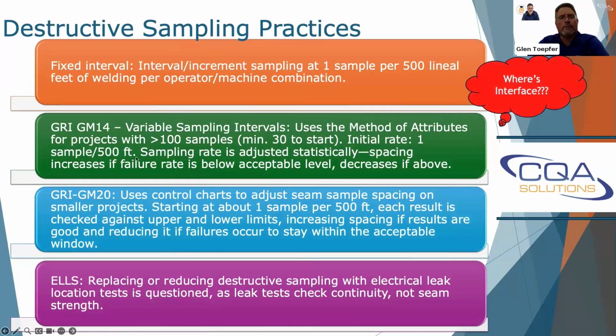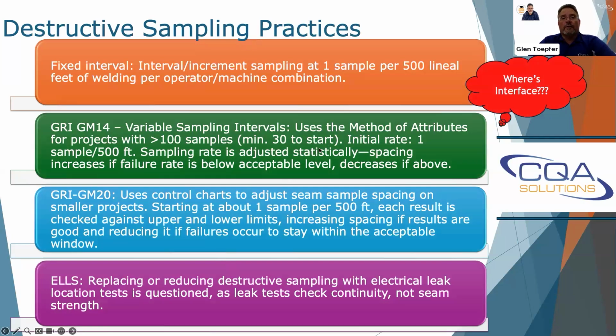I think maybe 1,000 is the max on it. GRI GM20, similar principle. You're rewarding good welding, and that one can be used on projects of just about any size. And then, another practice, leak location surveys, reducing or not doing destructs altogether based on that. That's one that makes no sense. My question here is, where's the interface? Interface isn't discussed in any of these protocols when you look into them.